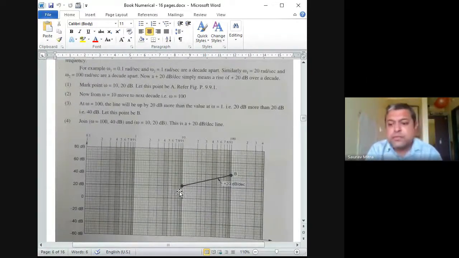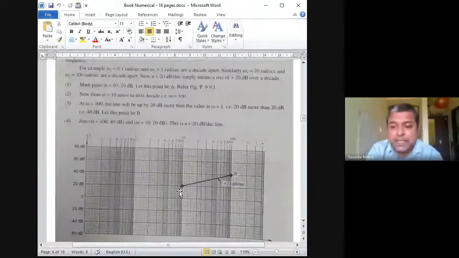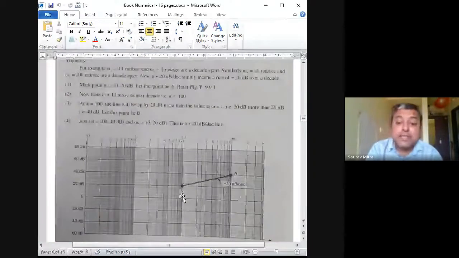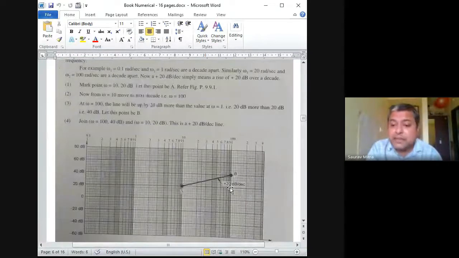Point A is given as 10 comma 20, that means 10 radian per second, or log of 10 rather, on the x-axis, and 20 dB is the amplitude. So what is the coordinate of this point A? The point A is 10 comma 20. 10 is actually log 10 and 20 is 20 dB. What is the next point with 20 dB per decade? From 10 the decade is 100, and this 20 will rise by another 20 dB, so it will become 40 dB.